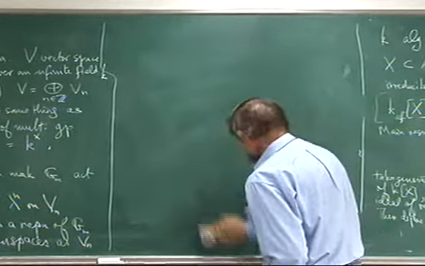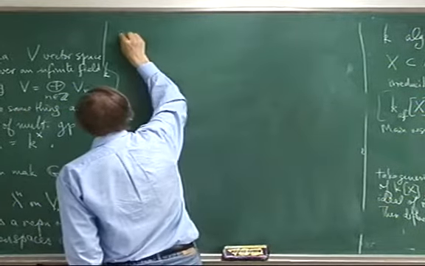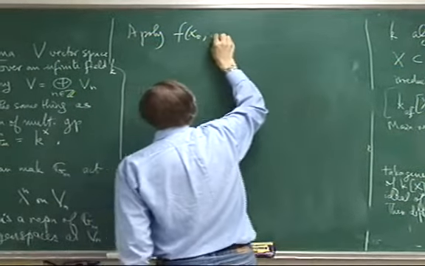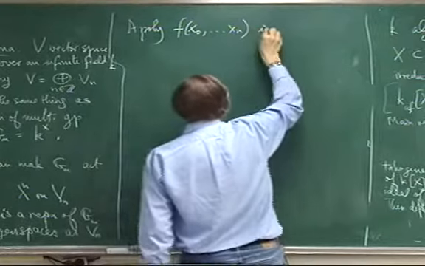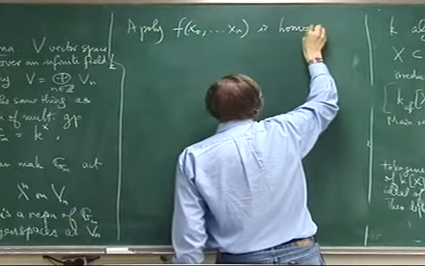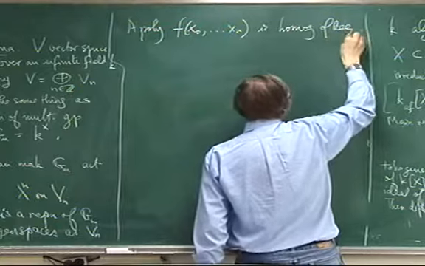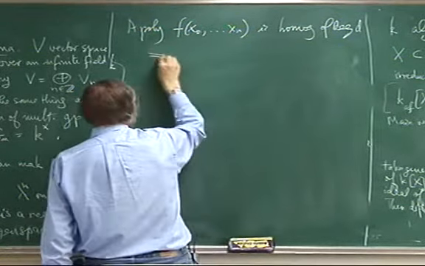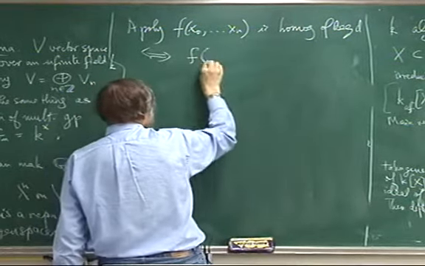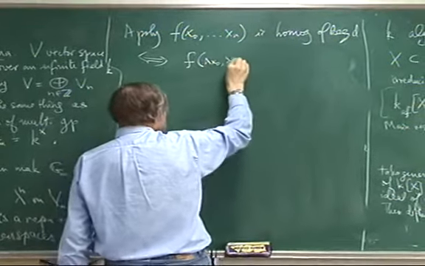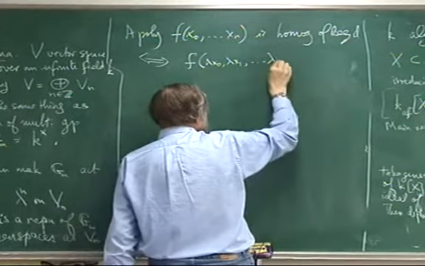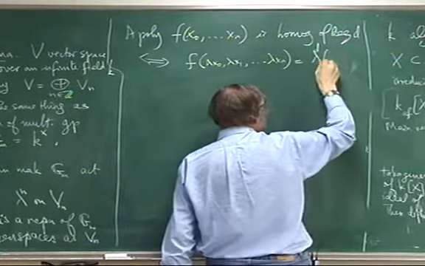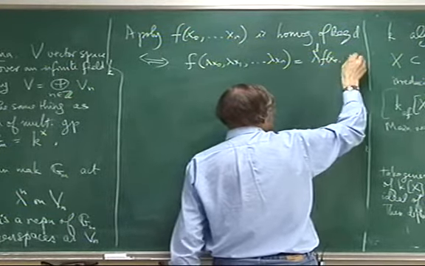The basic thing I'm saying is that a polynomial f of x_0 up to x_n is homogeneous of degree, let's say d, if and only if, when I do f of lambda x_0, lambda x_1, up to lambda x_n, I get lambda to the power of d times f of x_0 up to x_n.